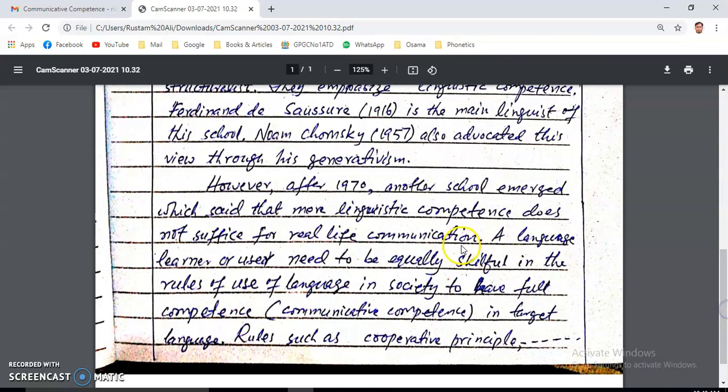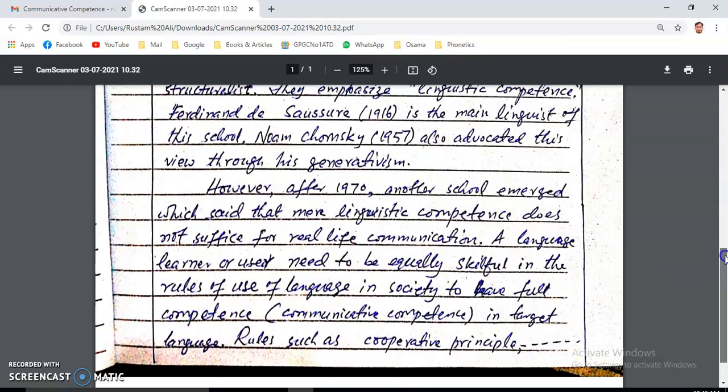Okay, a language learner or user needs to be equally skillful in the rules of use of language in society to have full competence, that is communicative competence in the target language. Rules such as the cooperative principle, and so on.